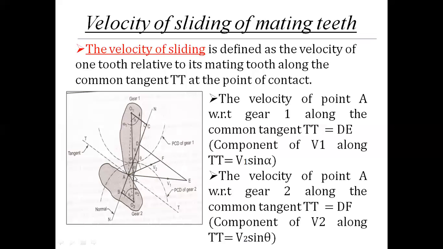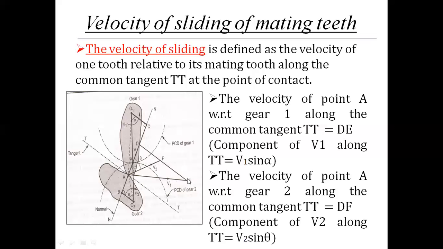Taking the trigonometric relation, sine alpha is equal to the opposite side divided by the hypotenuse, so sine alpha equals DE divided by AE, and AE is nothing but V1.